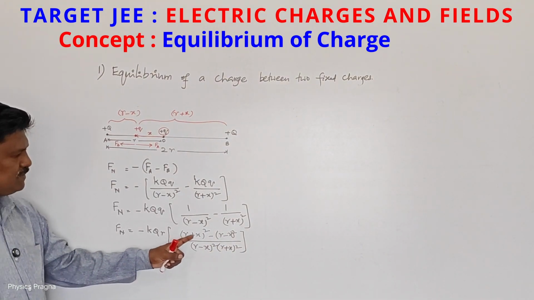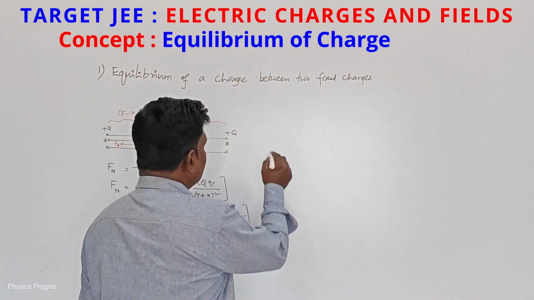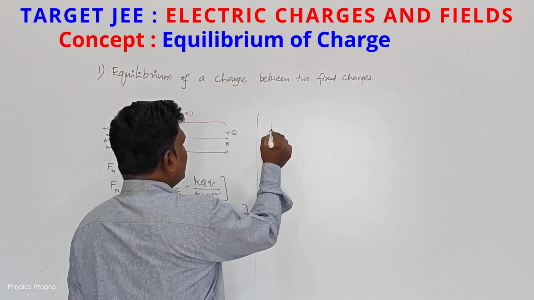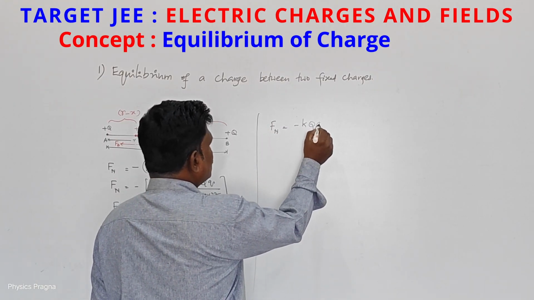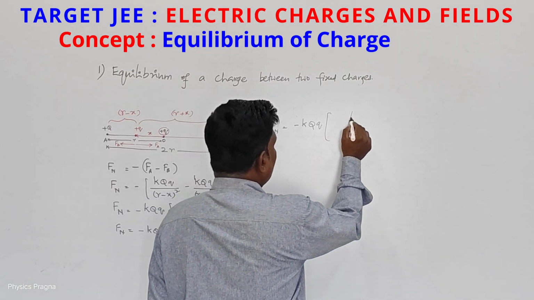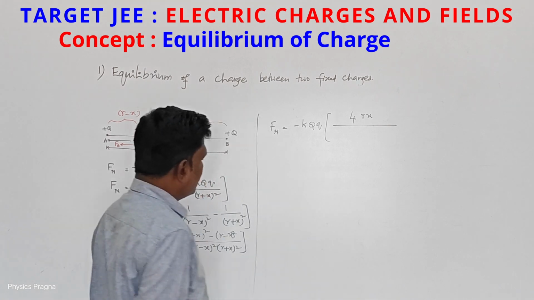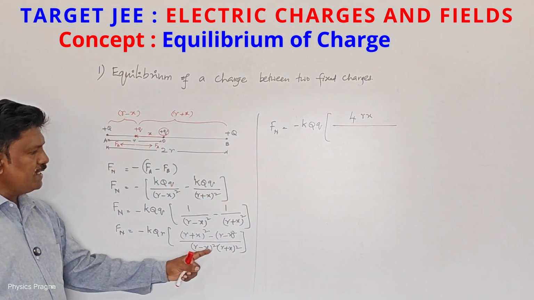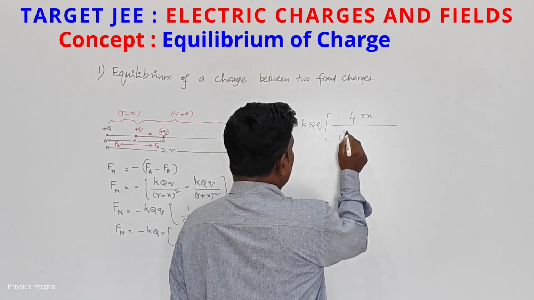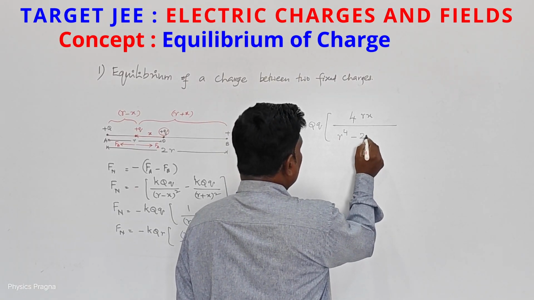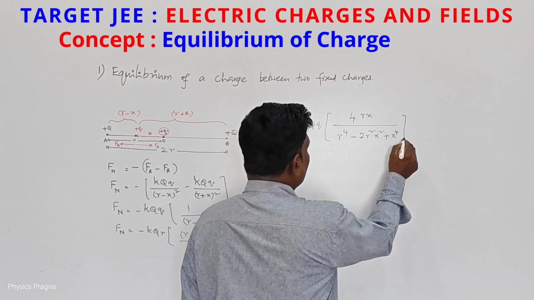We know that a plus b whole square minus a minus b whole square is 4ab. So Fn is equal to minus K Q small q, 4rx, by r minus x whole square into r plus x whole square, which is r power 4 minus 2 r square x square plus x power 4.